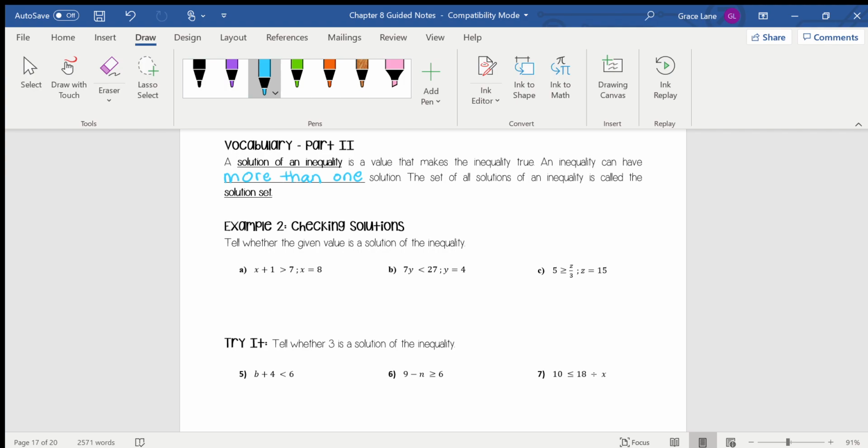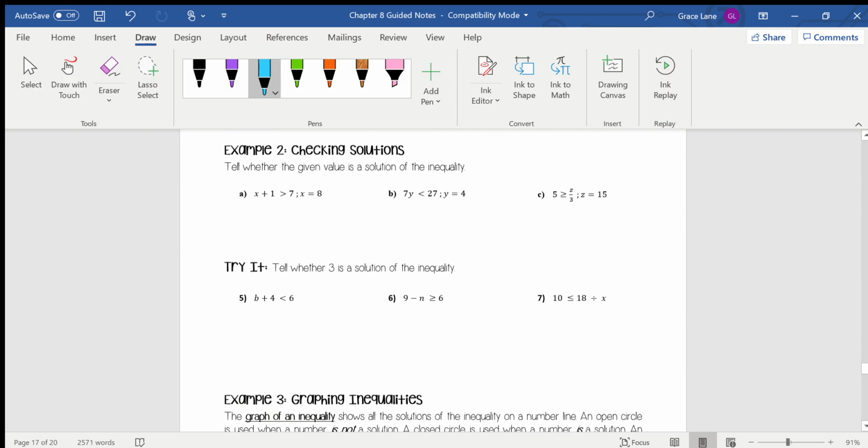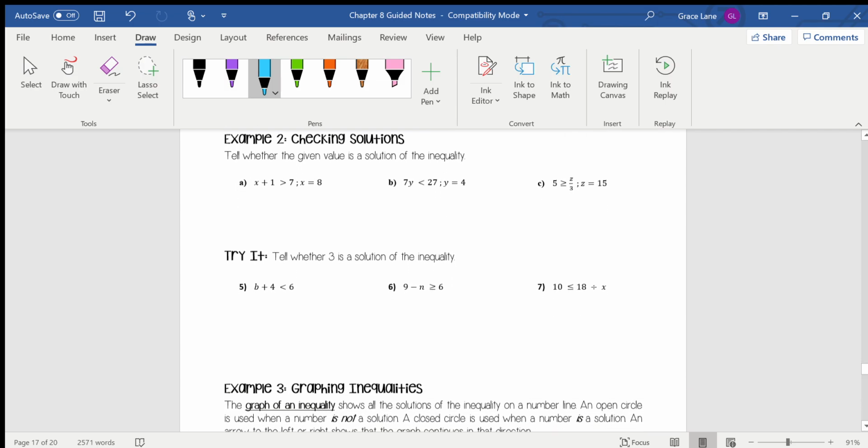And so like on these, it says tell whether the given value is a solution of the inequality. And so they give you over here, if x is equal to 8, would that make the inequality true? So if you plug in the value of x into the inequality, so that's x is 8, instead of x plus 1, now it would say 8 plus 1 greater than 7.